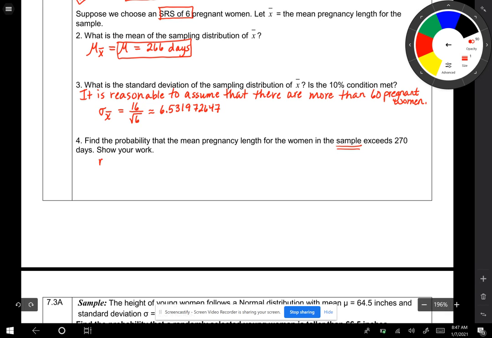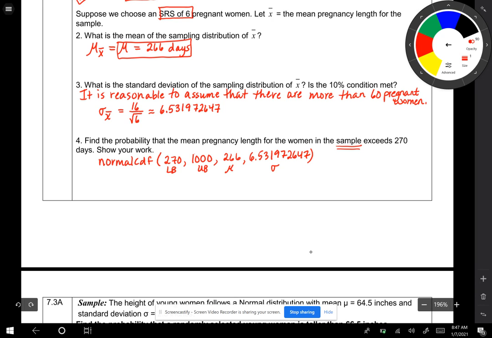So we will use our normal CDF. And we have the lower bound as 270. Upper bound, again, I'll use 1,000. Our mean is 266. And our standard deviation is 6.531972647.